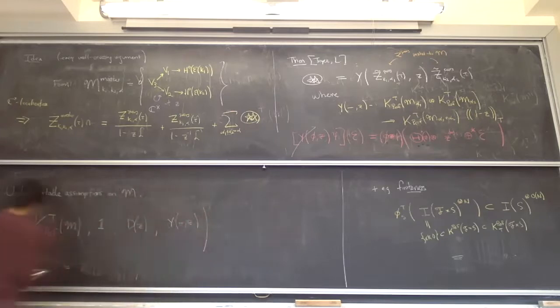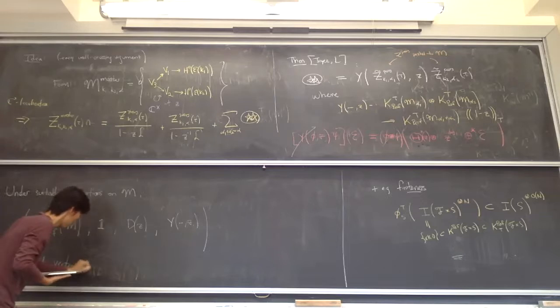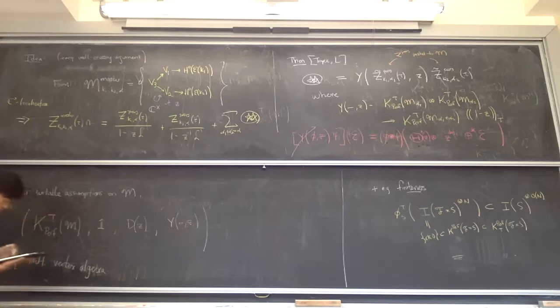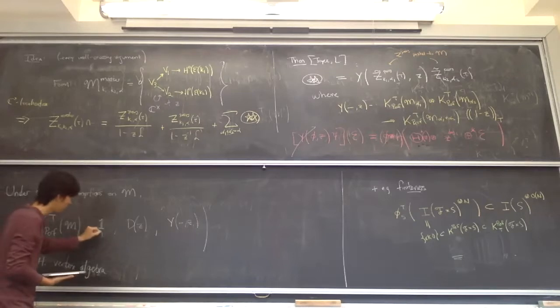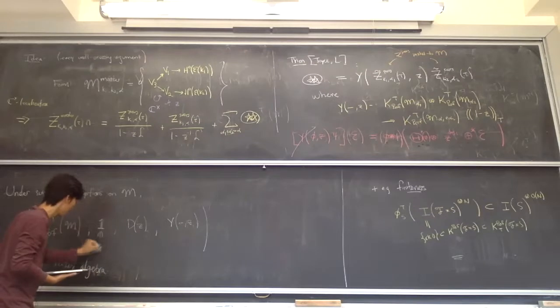This is what's called an equivariant multiplicative vertex algebra. So maybe let me say something about what these ingredients are. The vacuum state is basically the generator of the K-homology of M0.